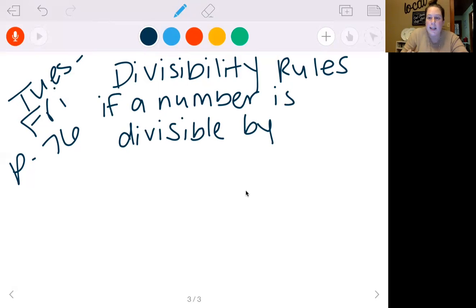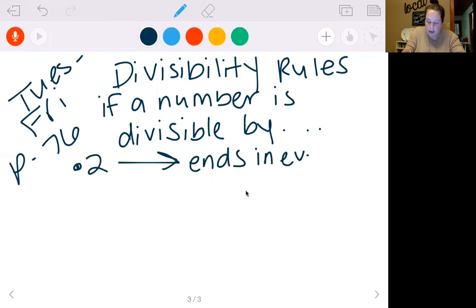If you're going to be able to divide a number by 2, that other number has to end in an even number. So if a number is divisible by 2, it ends in an even number. So they give you the example 20, 42, 84, 936, 1048.